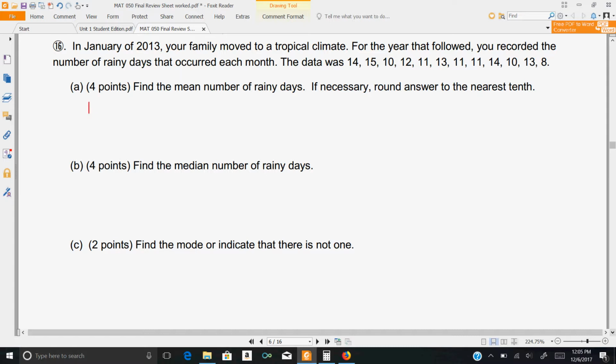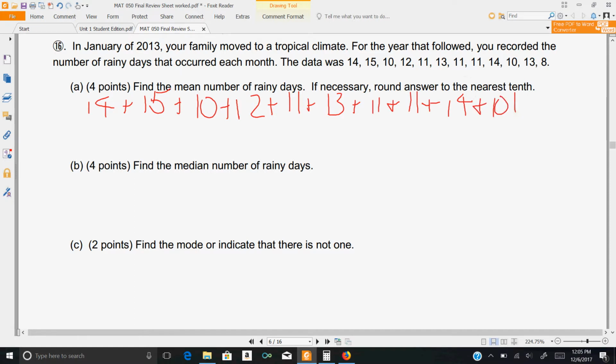So 14 plus 15 plus 10 plus 12 plus 11 plus 13 plus 11 plus 11 plus 14 plus 10 plus 13 plus 8.